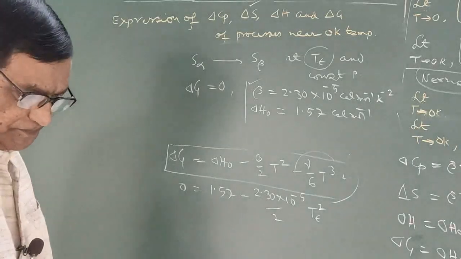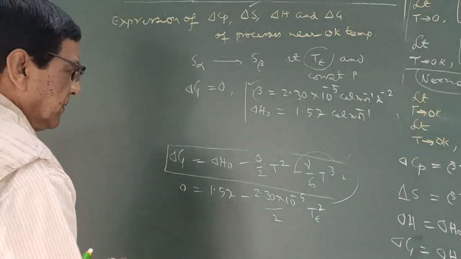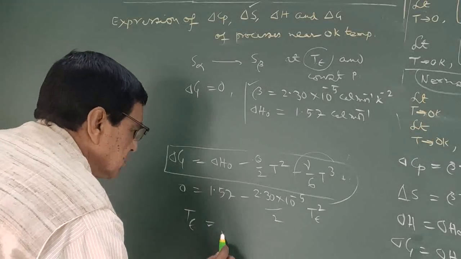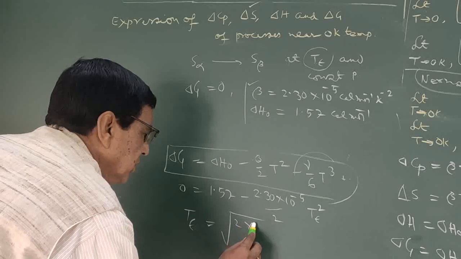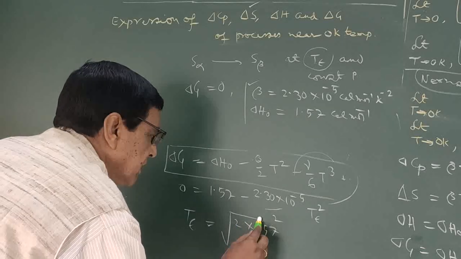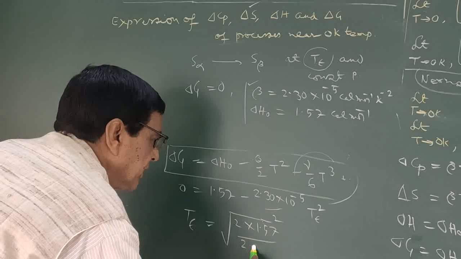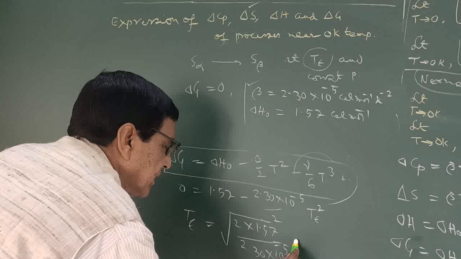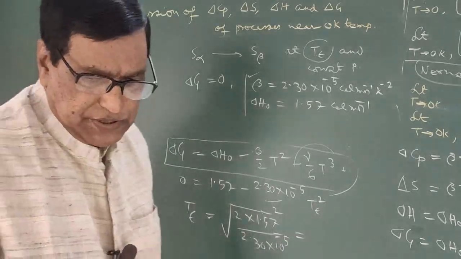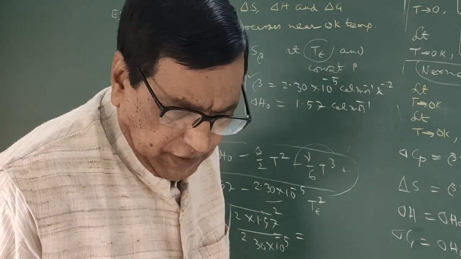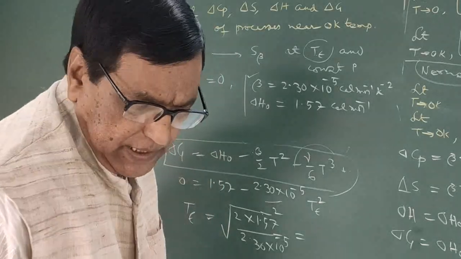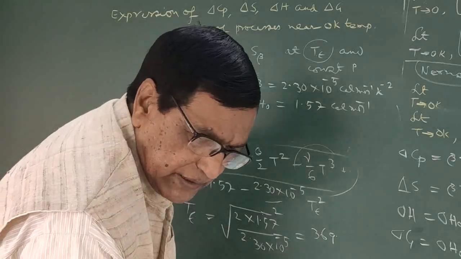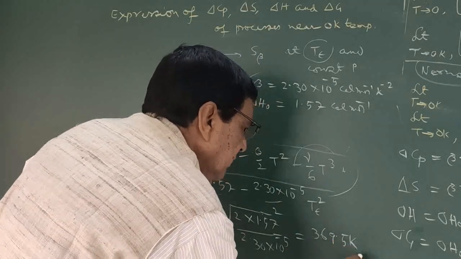Only this value is known to us. Whenever we calculate the transition temperature here, it will be root over 2 into 1.57 divided by 2.30 into 10 to the power minus 5, and this gives the value 369.5 Kelvin.